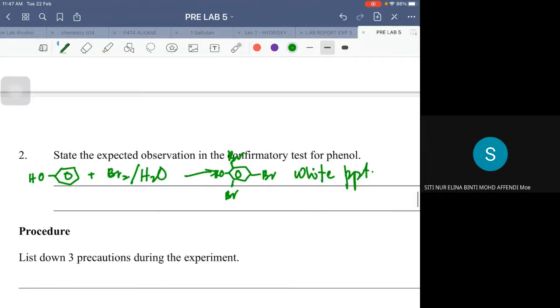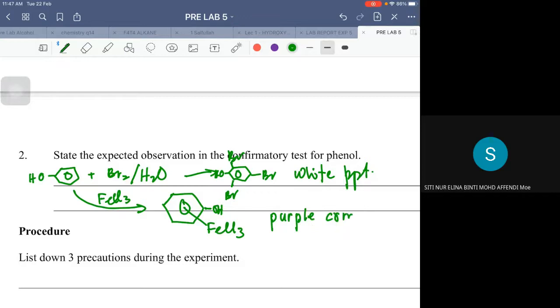Okay, boleh juga gunakan phenol dengan FeCl3. Okay, this one is dia punya cara tulis. We get purple complex solution yang berwarna purple.